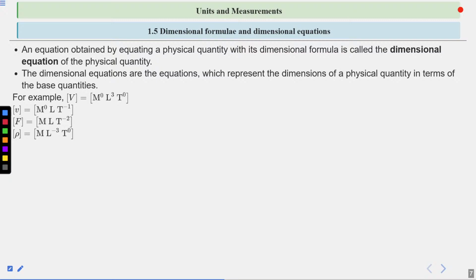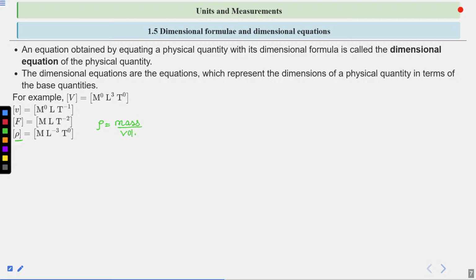This is clear: velocity, force and rho. Rho is the density here. So density is what? Rho is equal to mass upon volume. Listen carefully, mass upon volume.